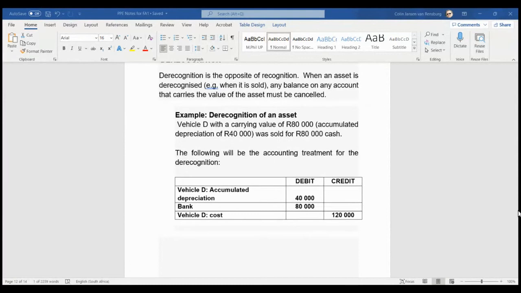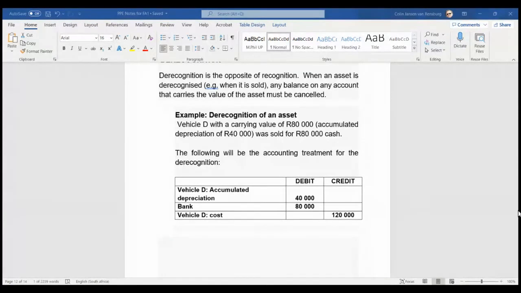Now, to understand this journal entry, we have to ask ourselves a few questions here. As it stands before we dispose of it, right? Does the vehicle D cost account have a debit or a credit balance?